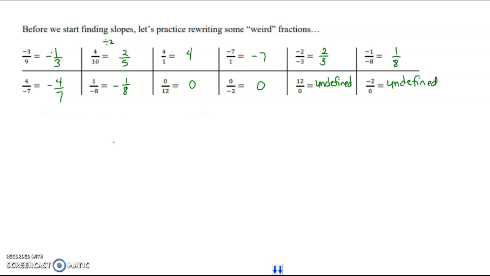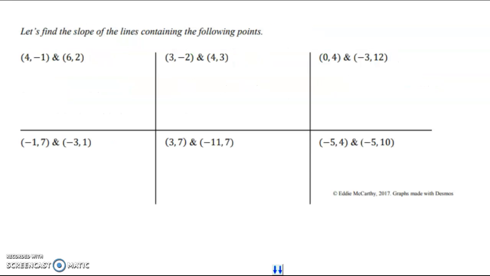Okay? Let's practice finding the slope using 2 points. If you want to, you can always write above them what the x and y's are. And remember that our slope is our change in our y's over our change in our x's.